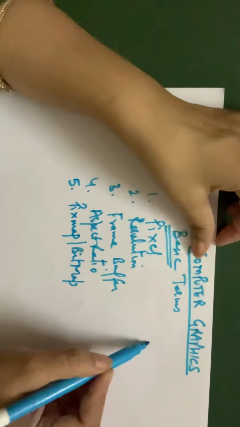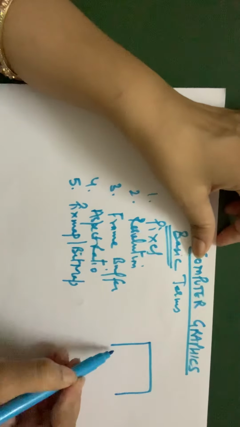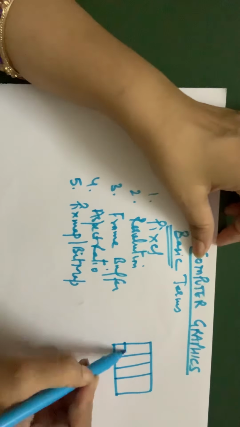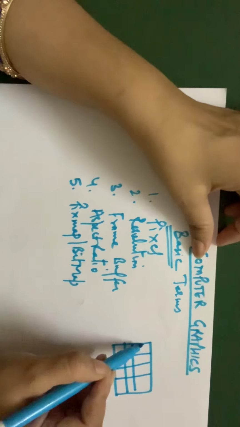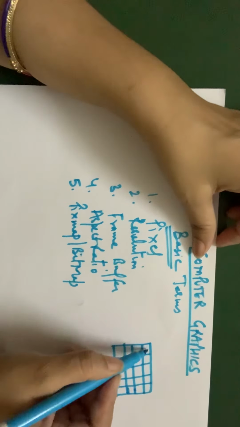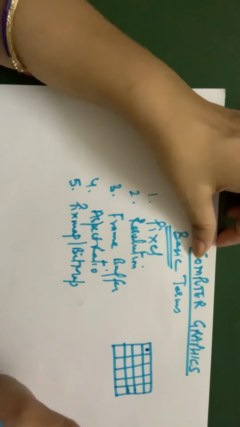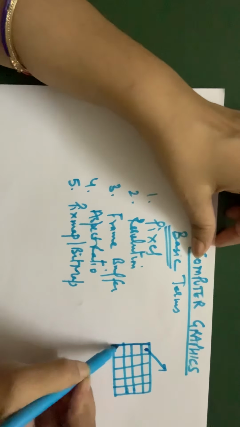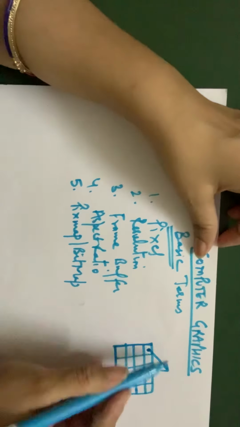Now suppose this is my screen, and the screen is divided into the smallest addressable areas. Any screen is made up of pixels.